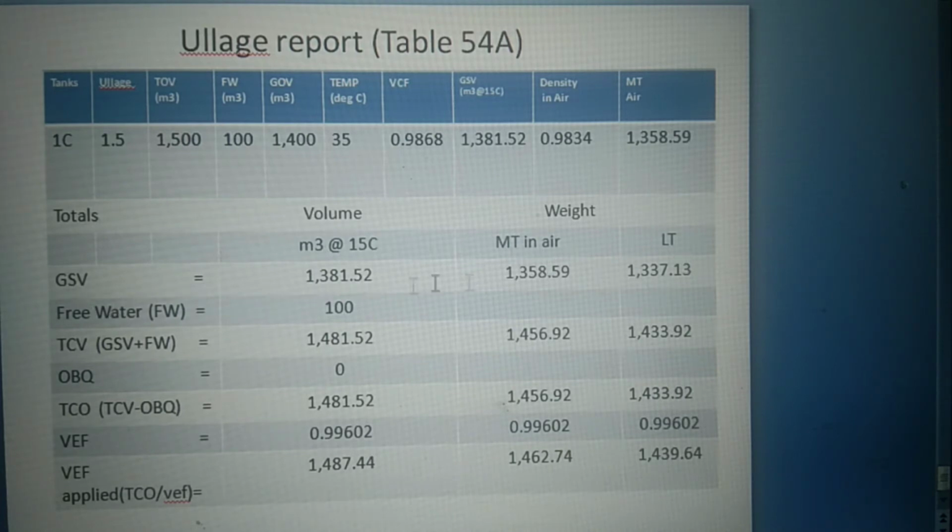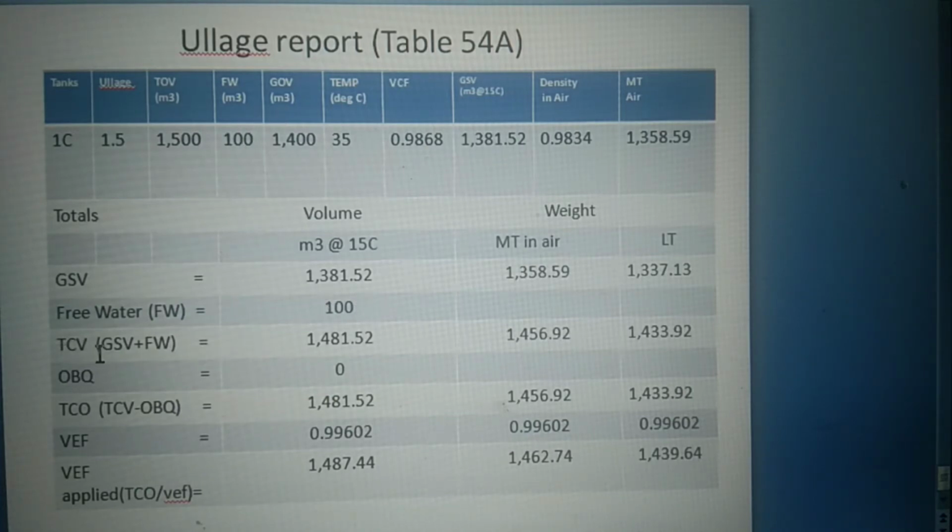Now we will proceed to TCV, total calculated volume. Okay, we have also here the free water. We write here the free water quantity, 100 cubic meters. Okay, as you can see above, 100 cubic meters.